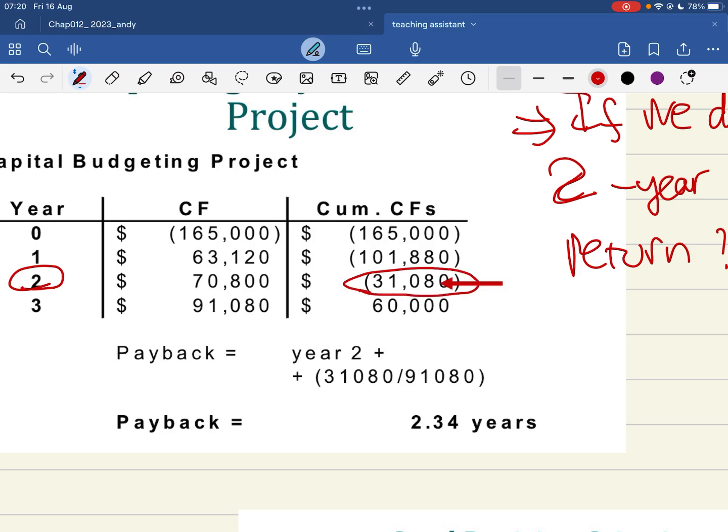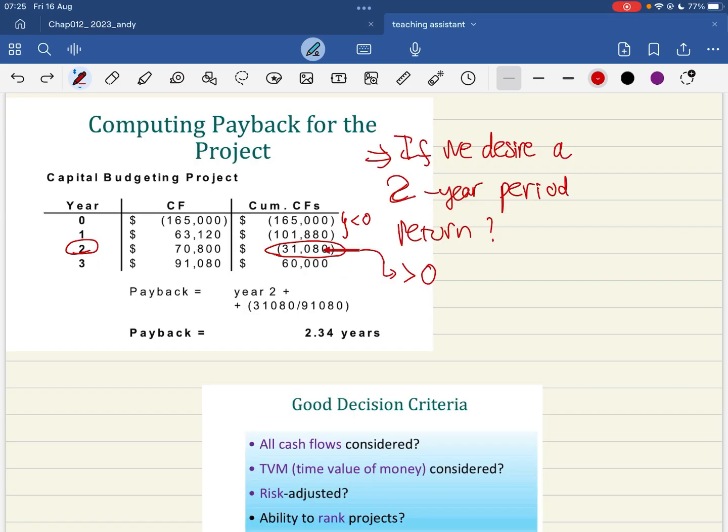So the easy explanation is that in year number 3, for the first time, we start to have positive cumulative cash flow. And year number 2 is the closest year to year number 3, which is the year that we start to have positive cumulative cash flow.